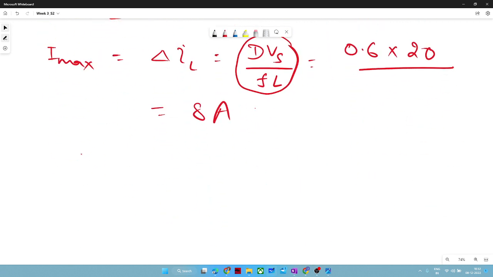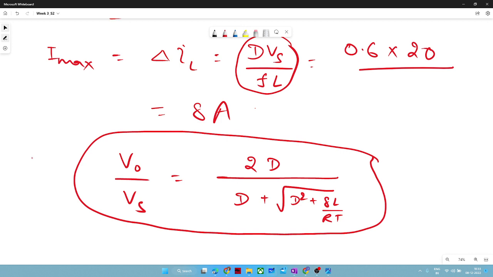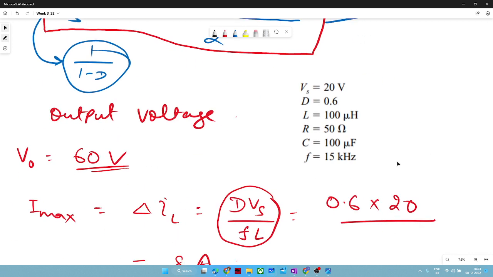As in the last lecture we also saw for buck converter, you remember? That was V naught by Vs is equal to 2D by D plus D square plus 8L by RT, something like that. This was for buck and this is for boost.